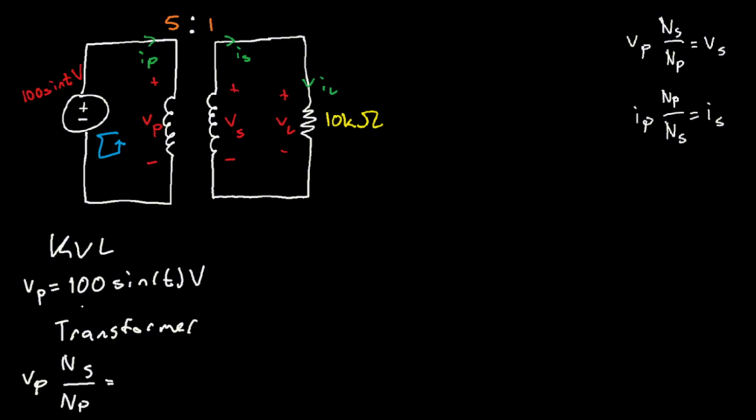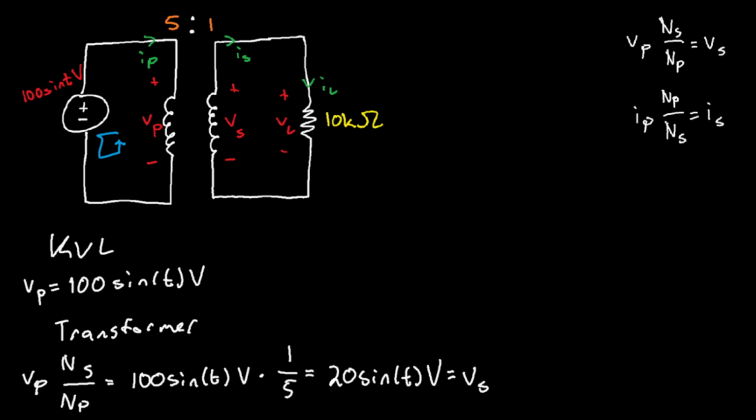Let's go ahead and plug everything in that we know. So we have 100 sine of t volts times N of S over N of P. N of S is 1, N of P is 5. So 100 times 1/5 is simply 20 sine of t volts, and this is equal to V of S. Once we solve for this, again, we can use KVL.